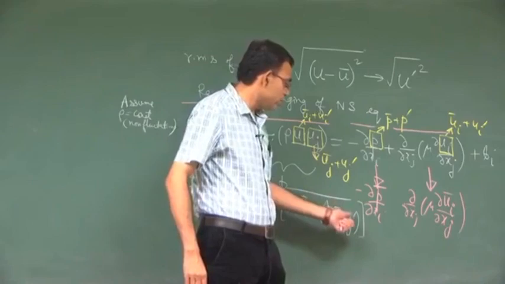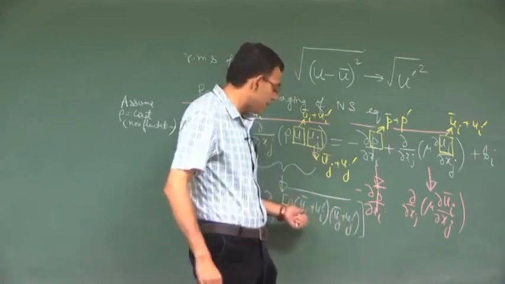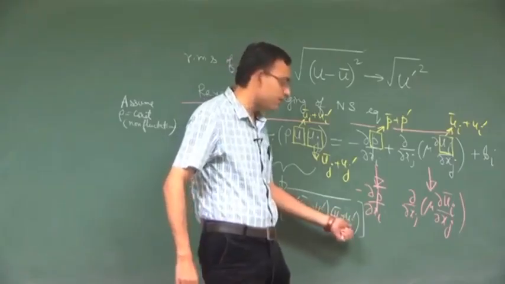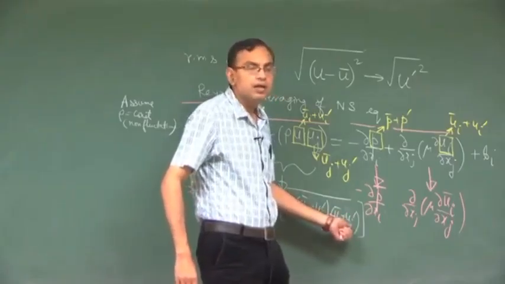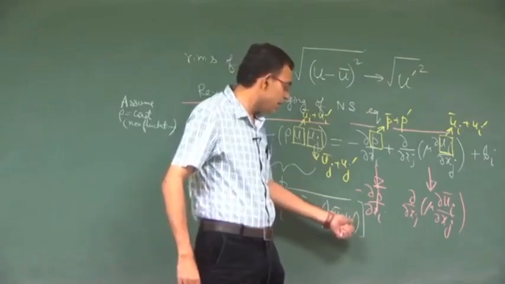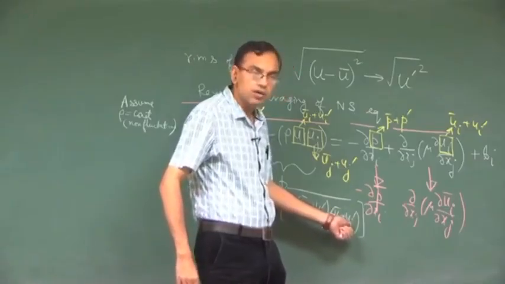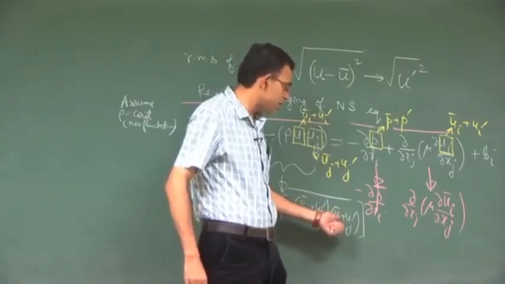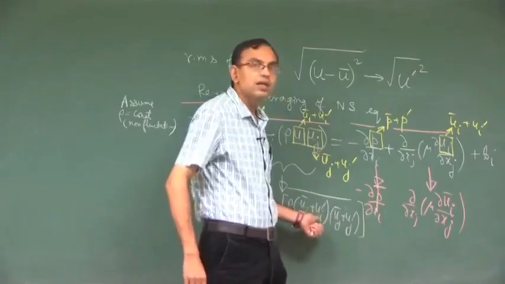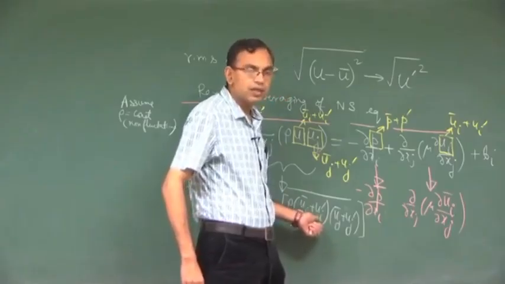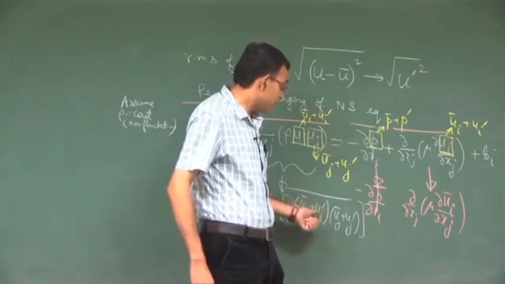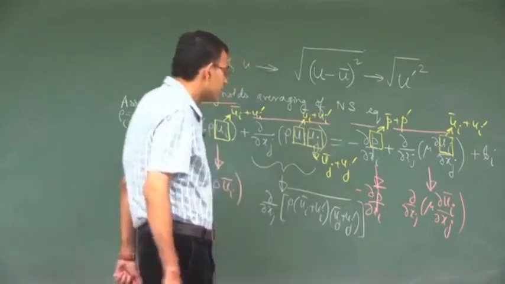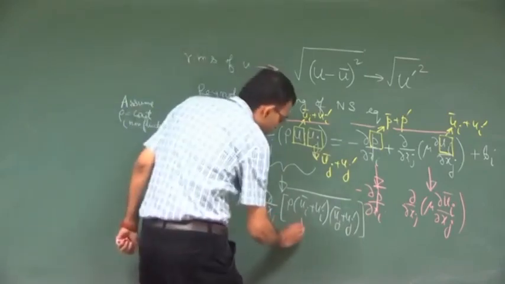For ui bar into uj prime average, ui bar being a constant with respect to the average will come out of the averaging, and it will be the integral of uj prime over the time period, so that will be 0. Similarly, ui prime into uj bar, uj bar being a constant, will come out of the integration, and ui prime integrated over time will be 0. But the product of fluctuations will not be 0 on average.